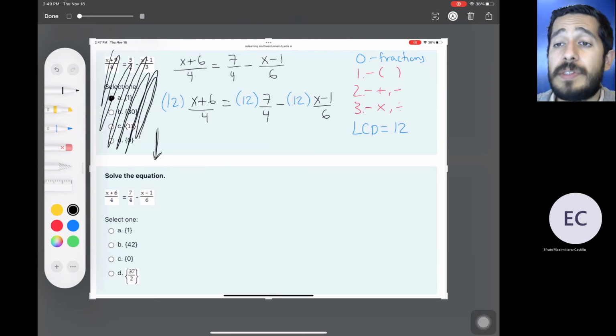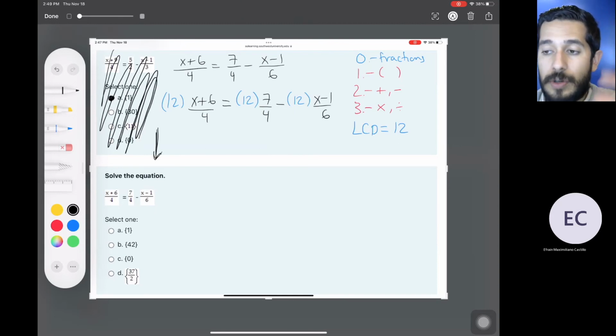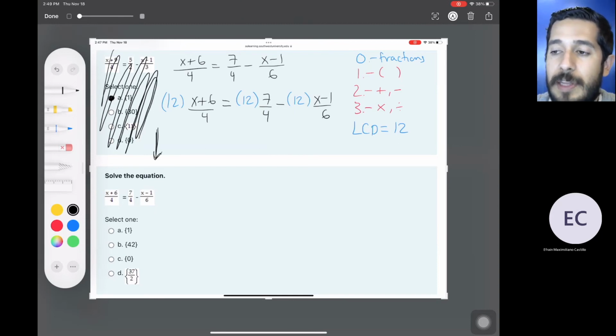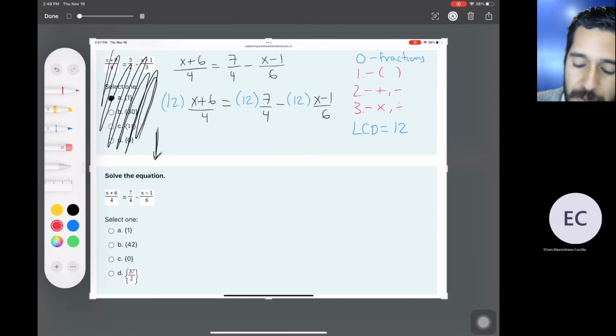If you do some divisions, the least common denominator by the original denominator, you're going to get a new number that you have to multiply times the top of the fraction. Okay, so 12 divided by 4, that's going to be 3 times the top of my fraction. It's going to be equal to 12 divided by 4.